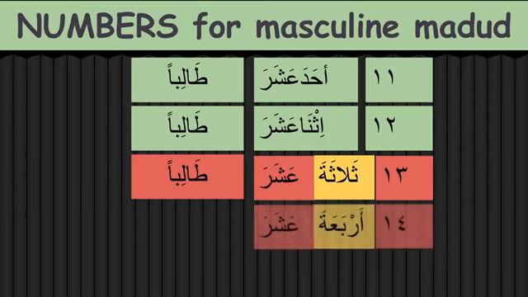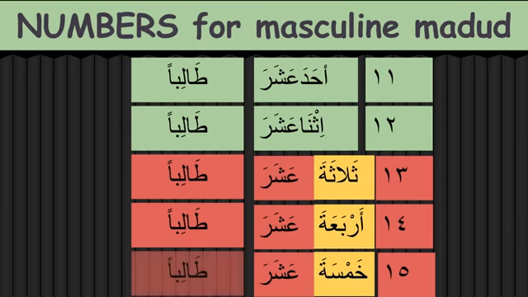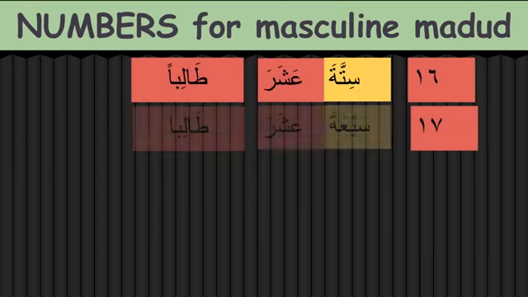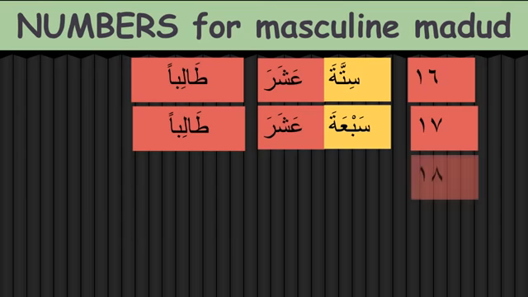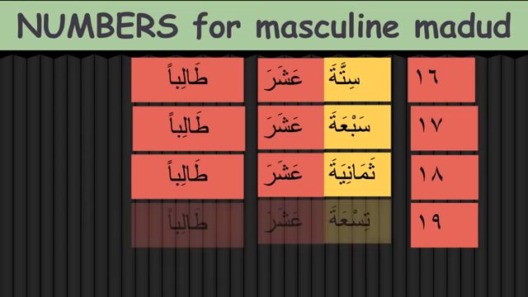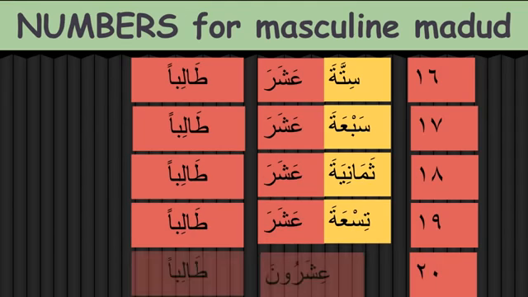So it will be arba'ata ashara taliban, khamsata ashara taliban, sittata ashara taliban, sab'ata ashara taliban, thamaniyata ashara taliban, tis'ata ashara taliban, and ishrun. So again it's a pattern like Jam' Muzakkar Salim, so it has its own marfu forms. We'll do it later inshallah. So just to know that there's a tamiz here, ishrun taliban.